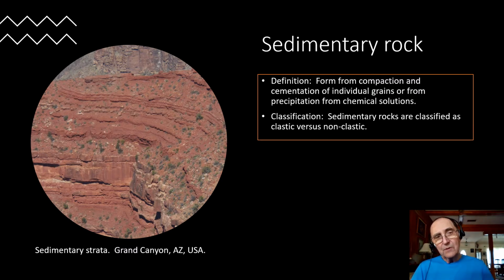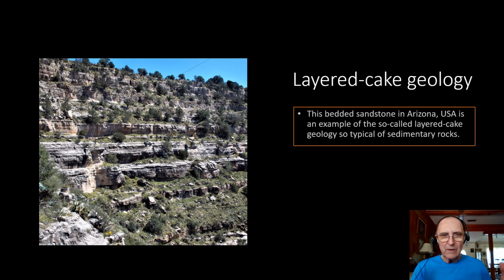The picture shows some sedimentary units in the Grand Canyon area of Arizona. When we talk about sedimentary rocks or sedimentary layers, we typically refer to the layer cake geology. Remember that we talked about the principles of initial horizontality and superposition in one of our previous discussions.